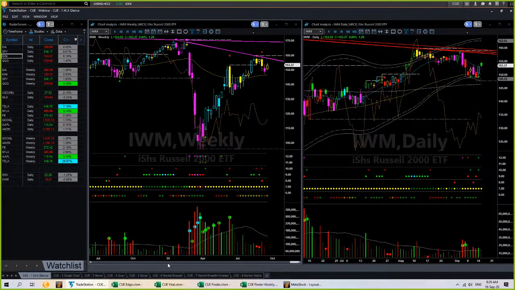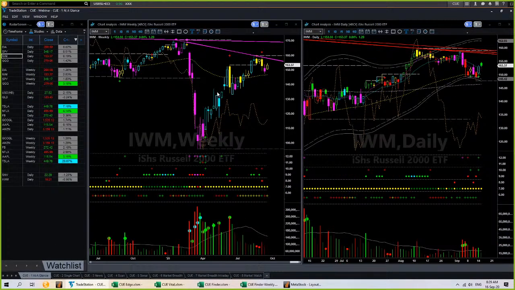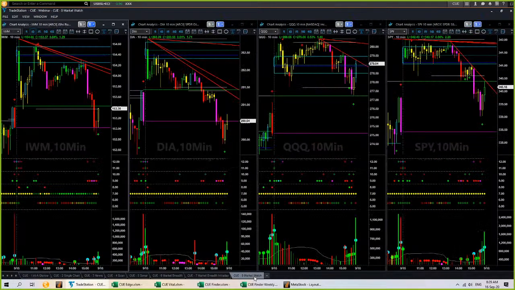If we look at the intraday chart, this is the 10-minute chart of the 4 market ETFs. I was watching all the instruments.